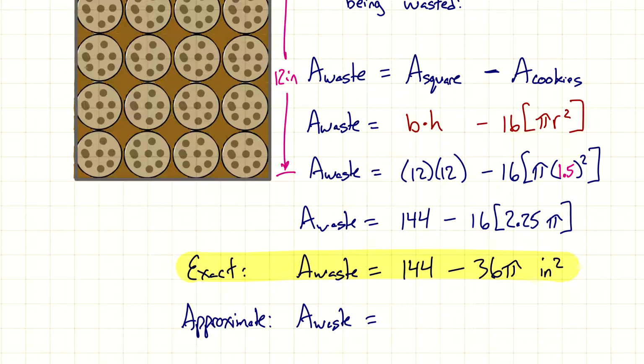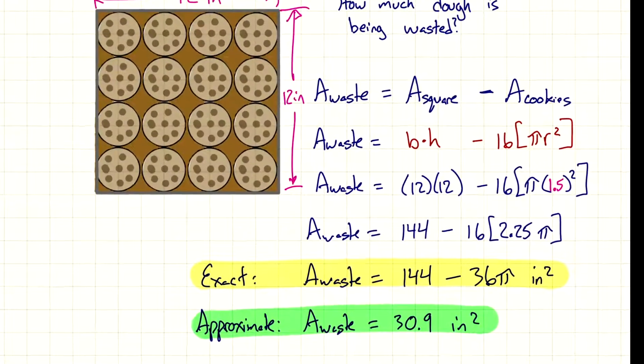I'll type this in. I haven't even done this. So 36 pi. All right. So if you type that in, hopefully this is what you got. Oops. This is going to be 30.9. 30.9 inches squared. All right. So that's how much cookie dough is left over that's not being used.